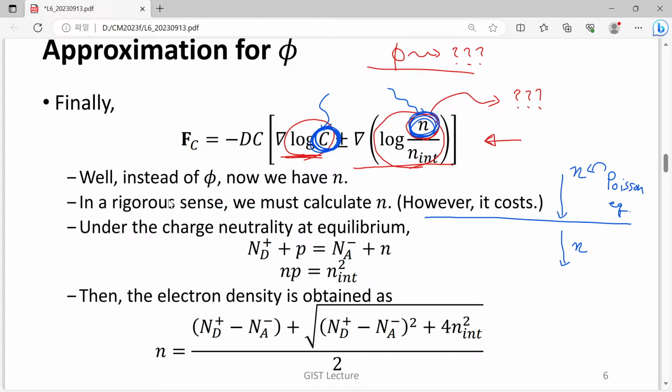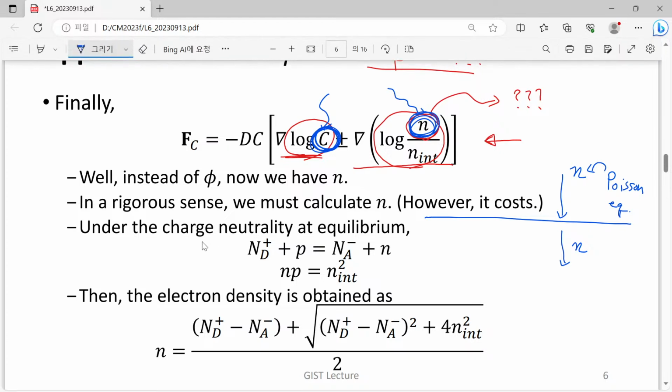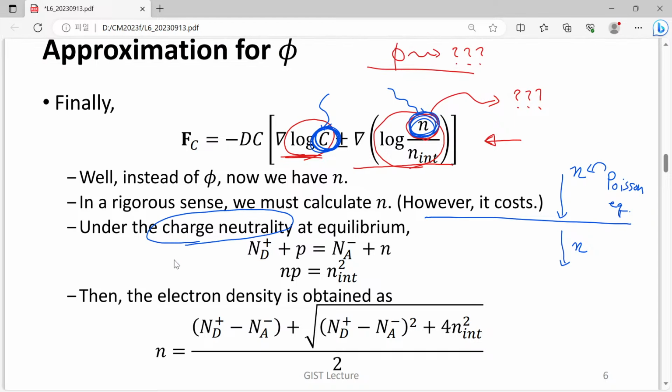Then what is the reality? For example, you can actually buy a process simulator. It takes some money, but still you can buy it. Then in your actual commercial process simulator, what will happen? It provides two different options. For example, the charge neutrality option is also available. Why is it available?